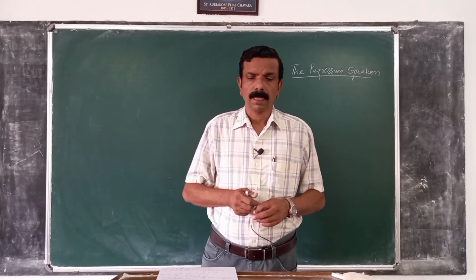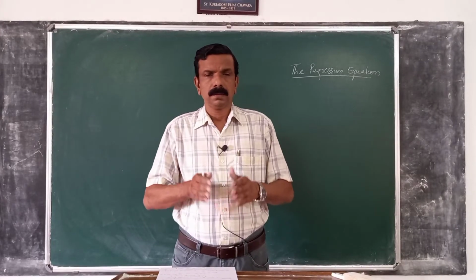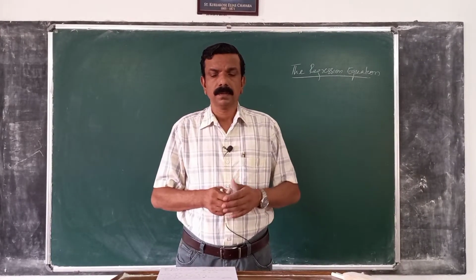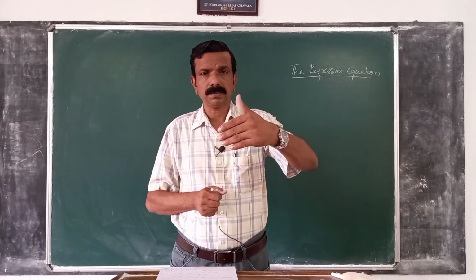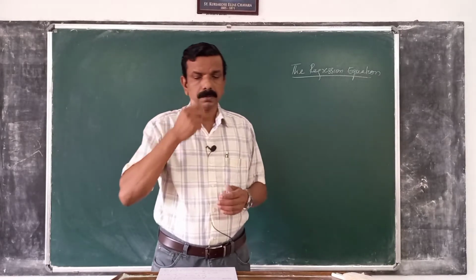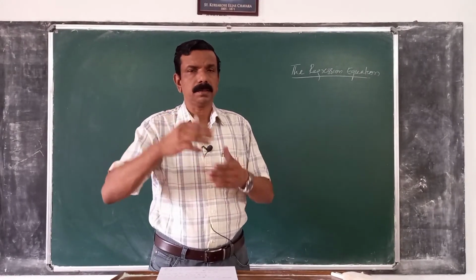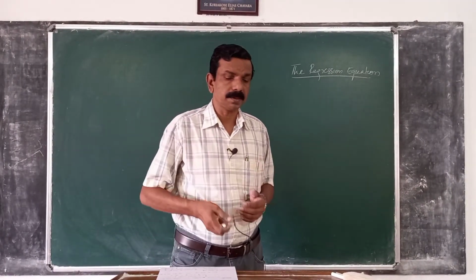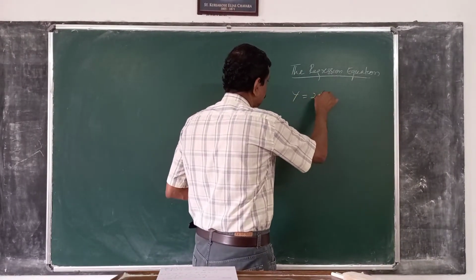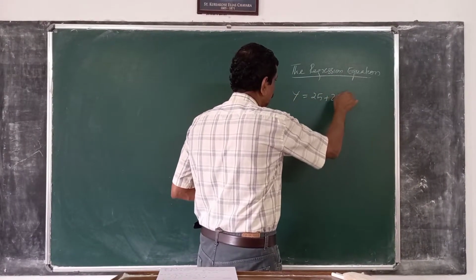Now, the equation that expresses the total cost in terms of number of hours to complete the job can be expressed as y is equal to 25 plus 20x.